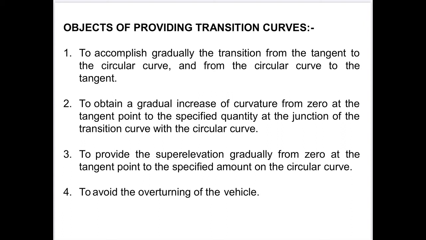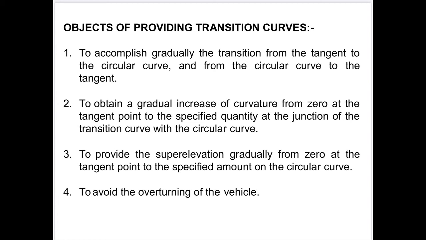But if there is no transition curve provided and a circular curve is provided directly, we have to apply the brakes, slow down the vehicle, and then we can take the sharp curve. So to avoid sharp curves, we have to provide a transition curve.